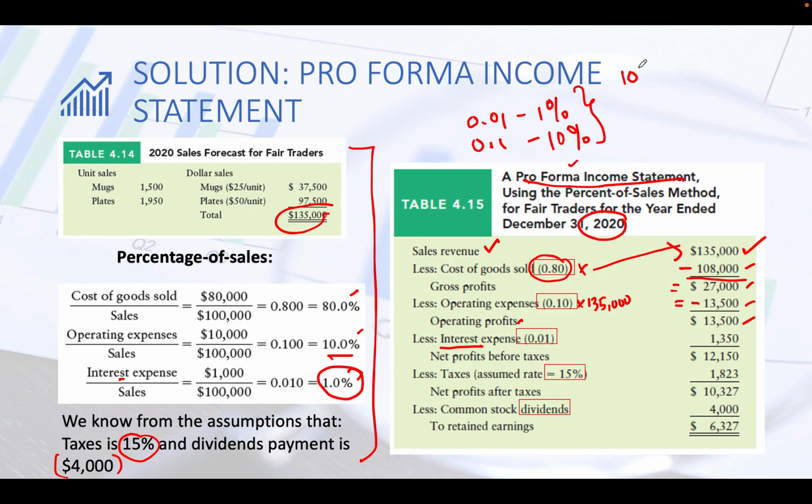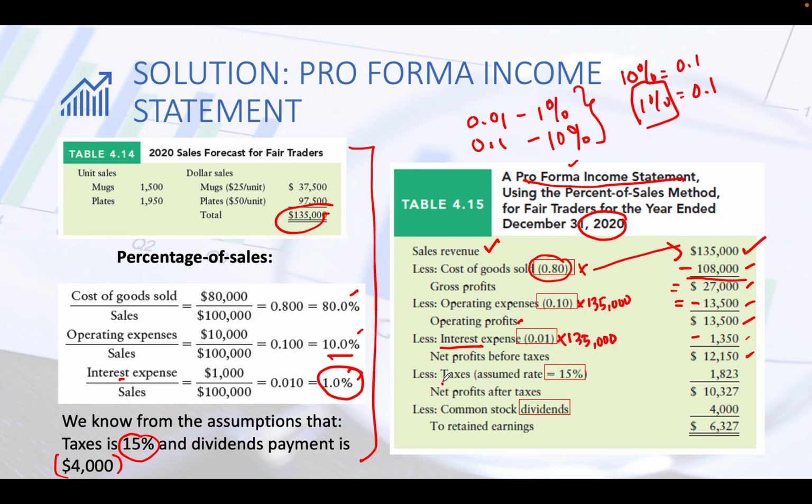So it says 10% is 0.1. 1% pun dia tulis 0.1. So be careful with the percentage symbol. So 0.01 times 135,000, you get 1,350. So you subtract, you get 12,150.